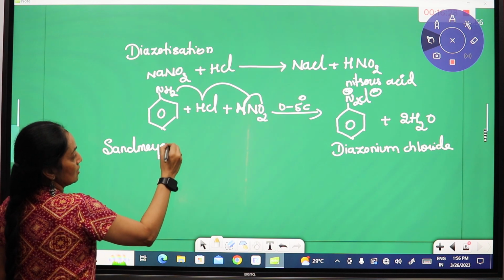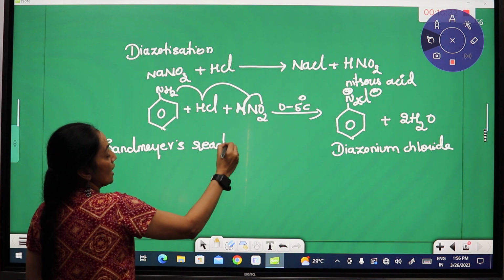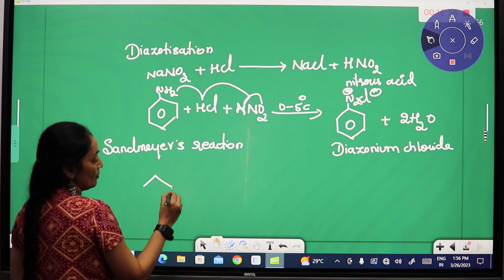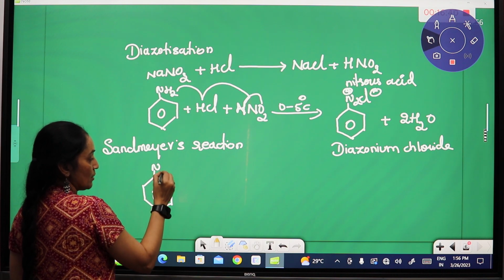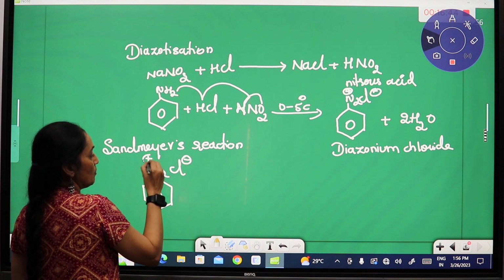In Sandmeyer's reaction, what we are going to do is take the diazonium chloride which we had prepared, Cl minus N2 plus.